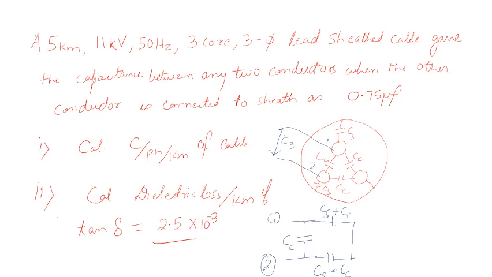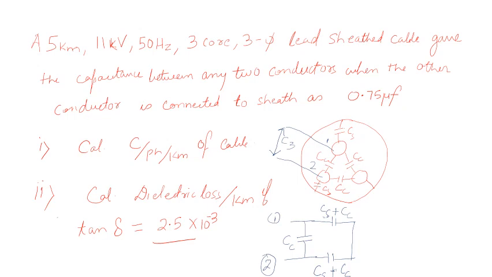Here a different kind of measurement of your conductor happens. It is saying the capacitance between any two conductors when the other conductor is connected to the sheath. Here there are three conductors, 1, 2 and 3, and all the conductors will have core capacitances and sheath capacitances, right?